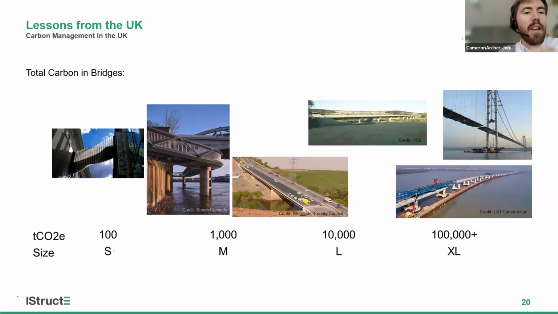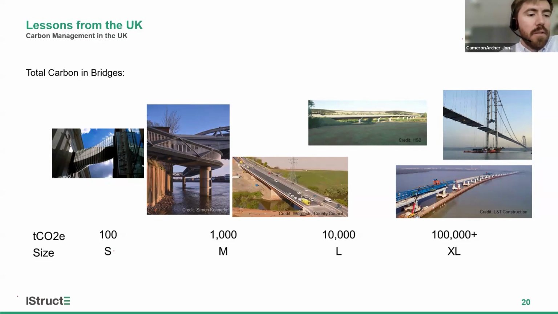So to try and help with that, there's been a growing source of data that's been published, and this is a snapshot of a series of COWI bridges where it looks at the total carbon. This is upfront carbon, so A1 to 5, in a series of bridges that had been worked on at the firm in the last 10 to 15 years, maybe even a bit longer for some of these. So there's a horizontal scale at the bottom.